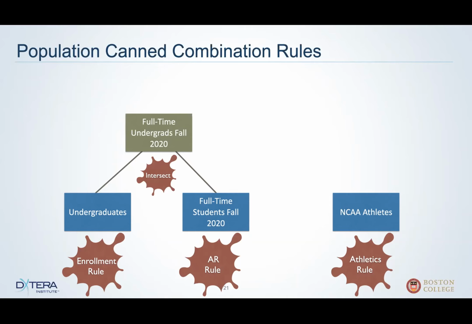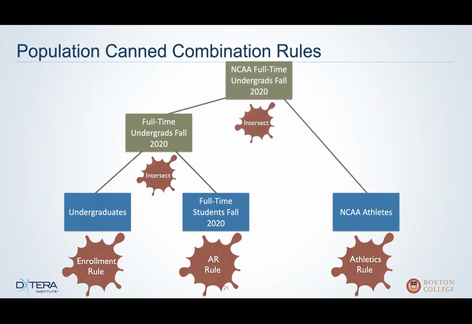Consequently, it gives us a lot of freedom to re-implement how we answer those questions without interrupting or having to recode all the consumers, which may be applications in some cases, but more often than not, there will probably be other service implementations throughout the system. But I can rope that one in with another intersect rule and give me all undergraduates who are NCAA athletes registered for full-time status in the fall of 2020.